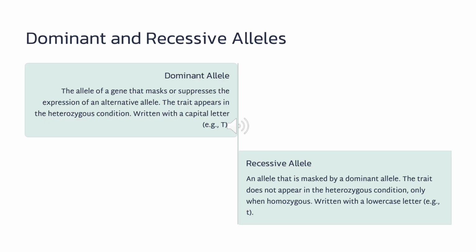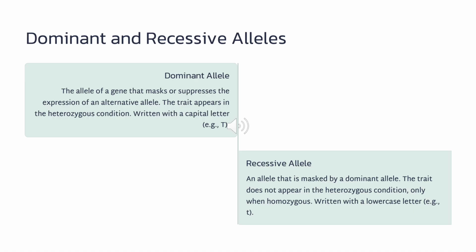So here is the comparison between dominant and recessive alleles. A dominant allele refers to the allele of a gene that masks or suppresses the expression of an alternative allele. The trait appears in the heterozygous condition and is written with a capital letter. The example I put here is a capital letter T. Compared to that, a recessive allele refers to the allele that is masked by the dominant allele.